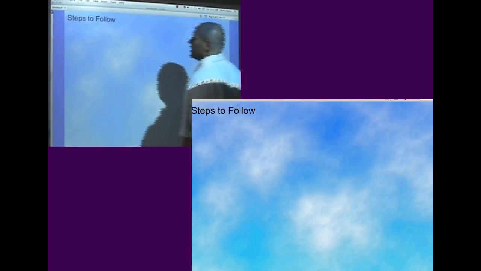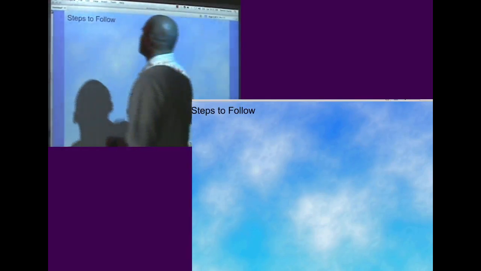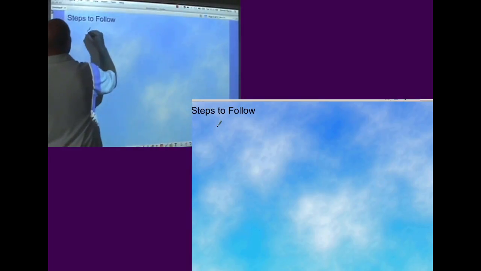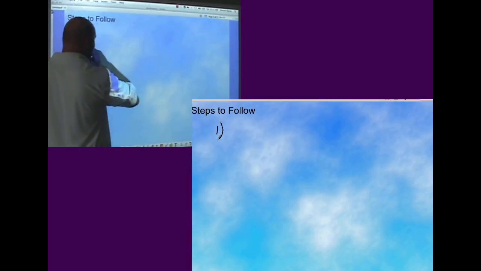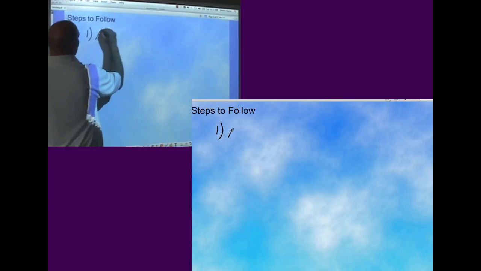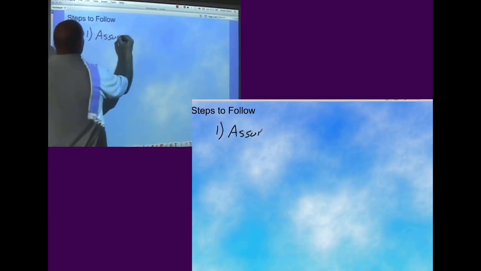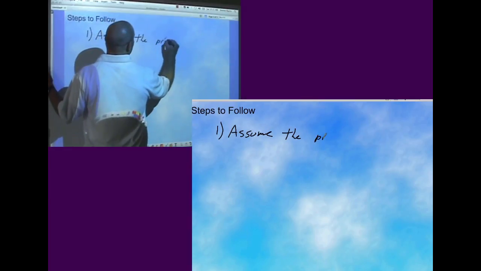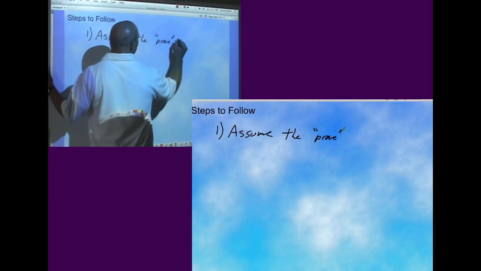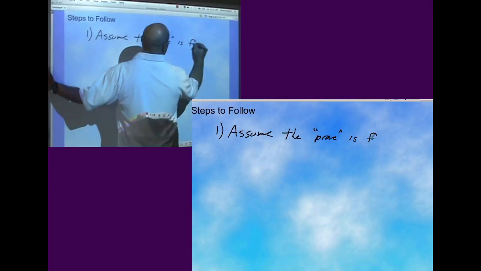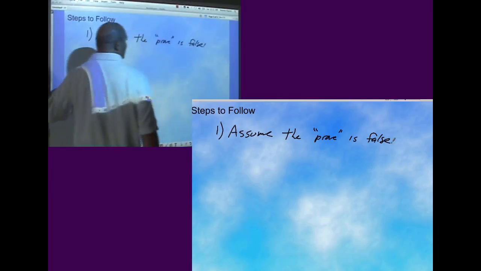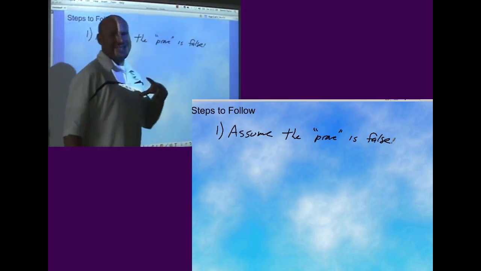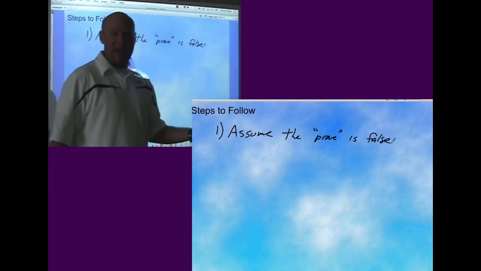All right. So how do you go about this? Steps to follow, and they have to be done in this particular way, is you have to assume the prove, or the then, is false. Right? What I mean is exactly the opposite of what I'm actually trying to prove.